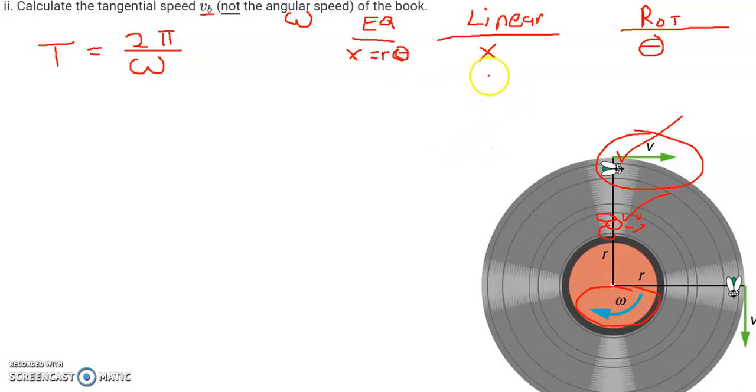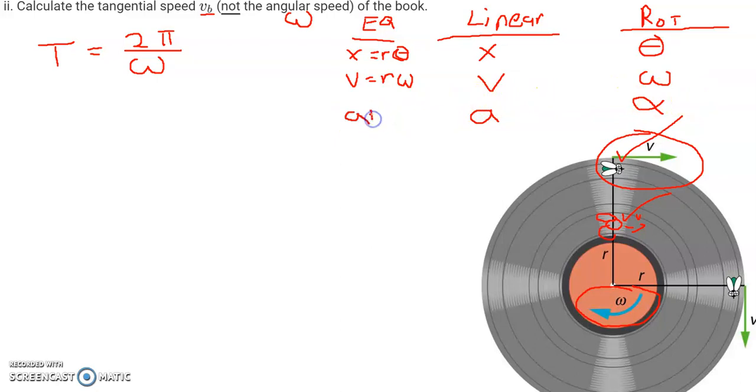What if I were talking about tangential velocity? Well, it's angular velocity, right? And so this is just our v equals r omega. Good. And we have tangential acceleration, and we have rotational acceleration.